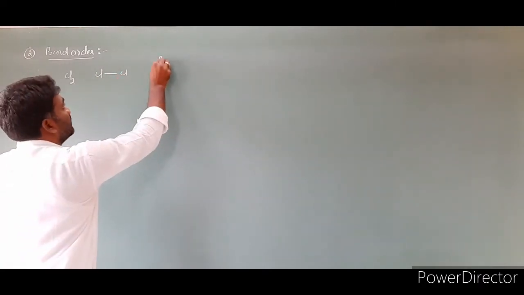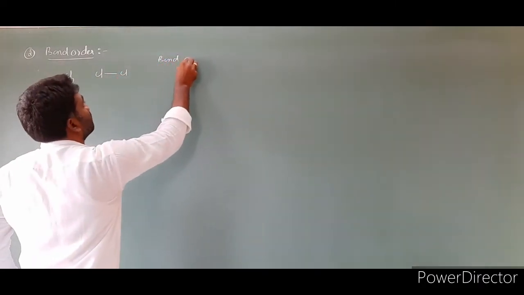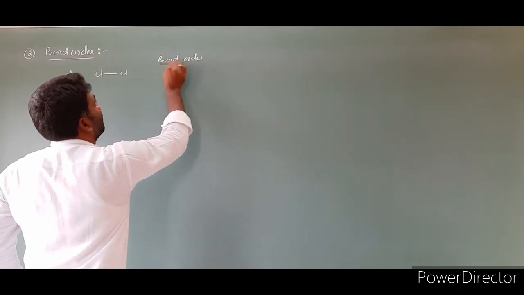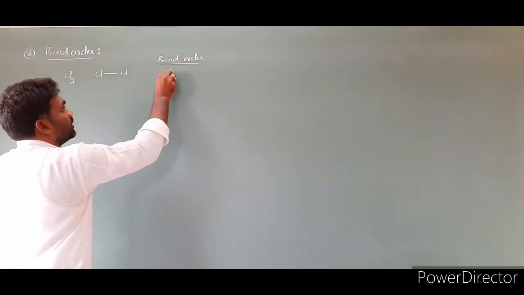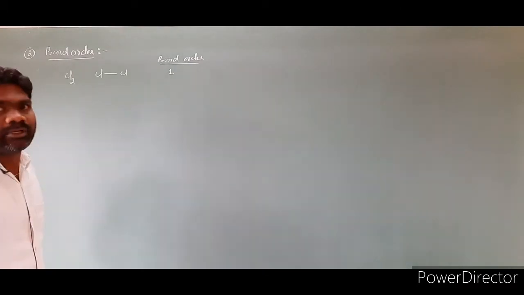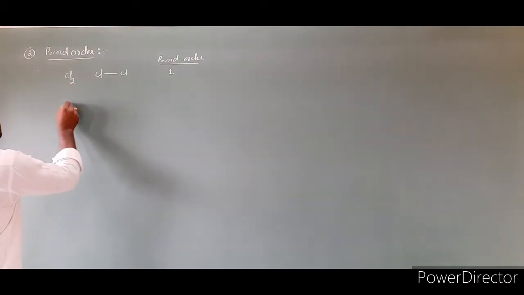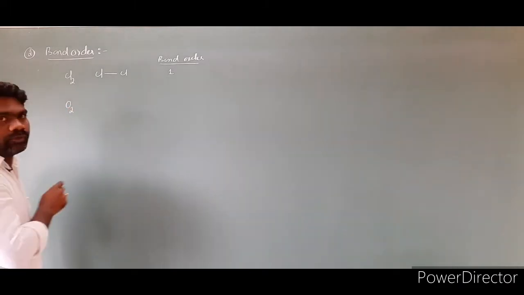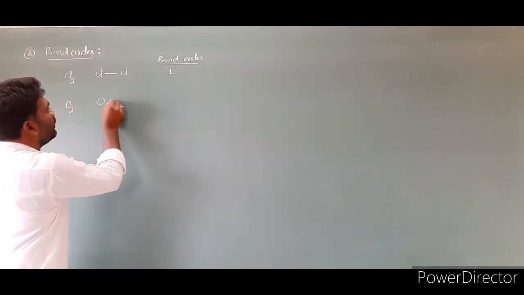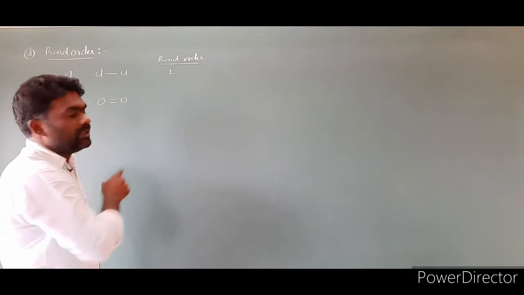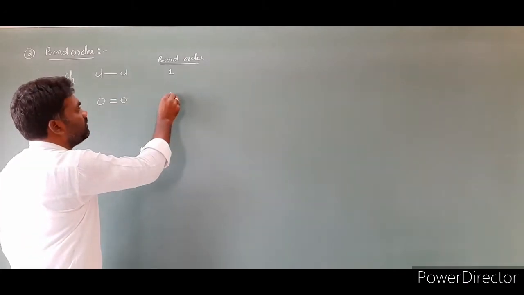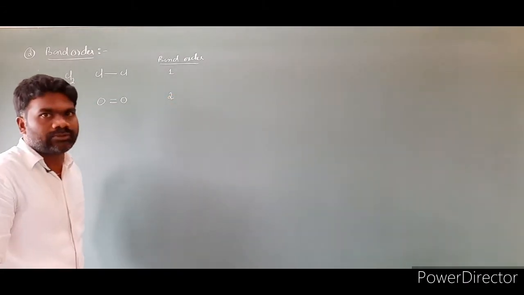In this case the bond order is equal to 1, because the Cl2 molecule contains only one bond. I am taking another example, the O2 molecule. Between the two oxygens there is a double bond. The number of bonds between the two atoms is 2. Bond order is equal to 2.